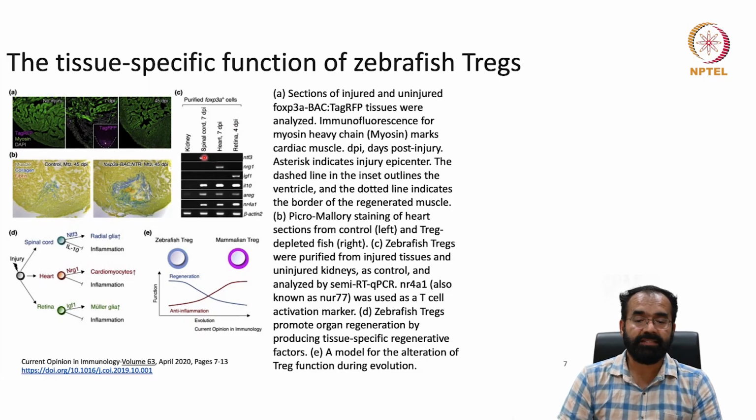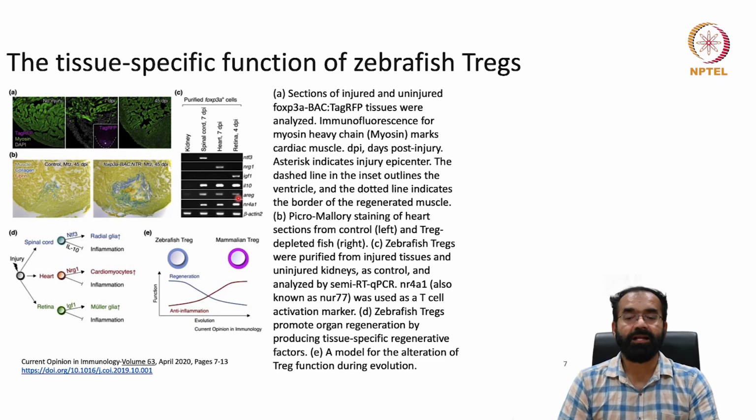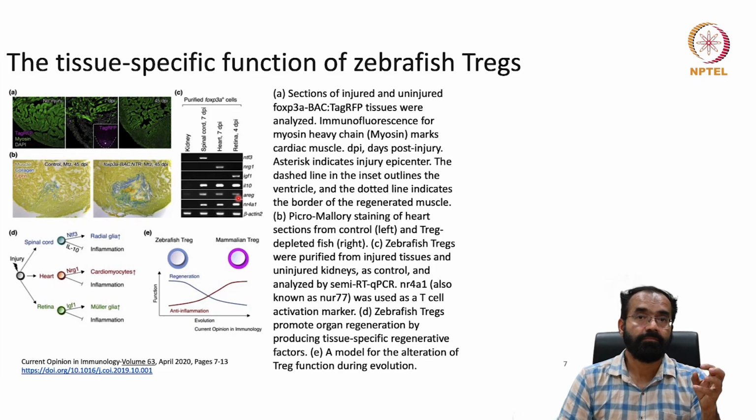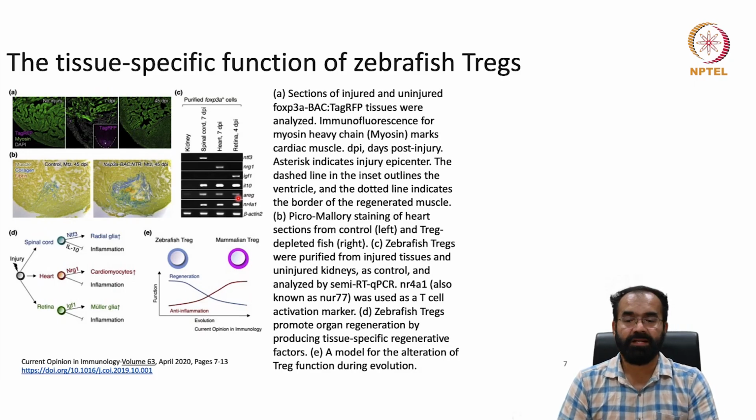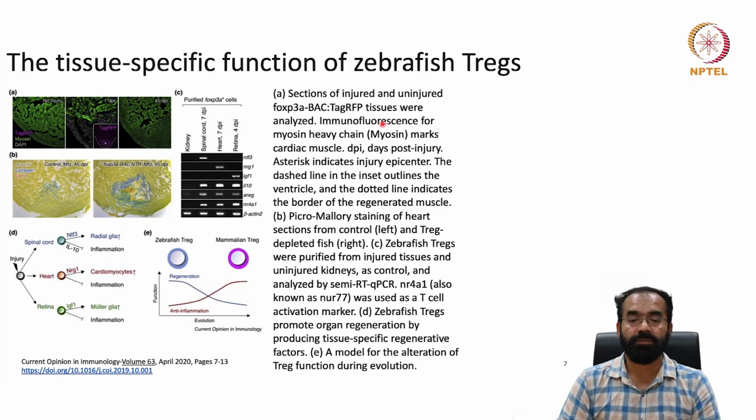And what you are seeing is a gel picture of various genes like NTF, NRG, IGF, IL-10. Different genes are being looked at in different tissues. They have looked at kidney, spinal cord, heart and retina. They have looked at what happens in the normal fish as well as Treg depleted or FOXP3 mutant fishes.